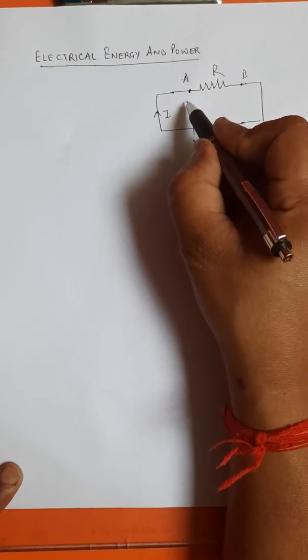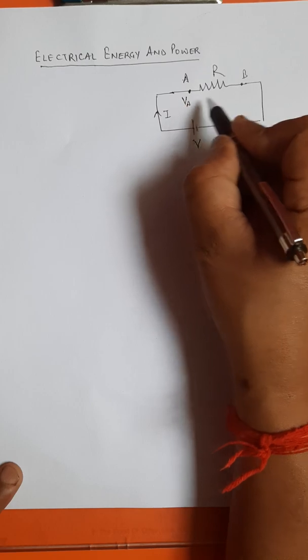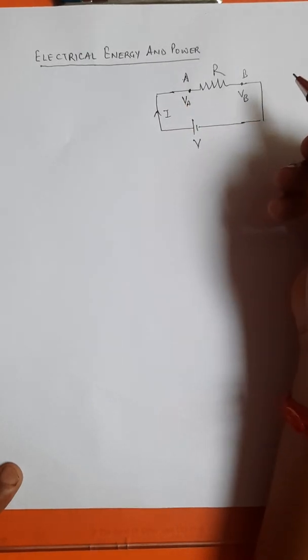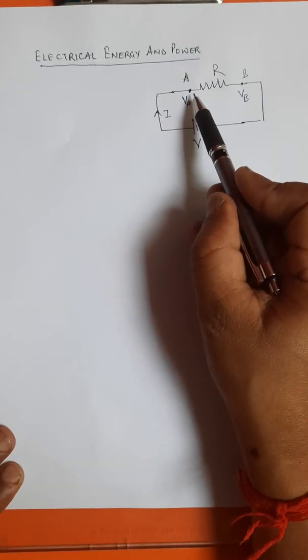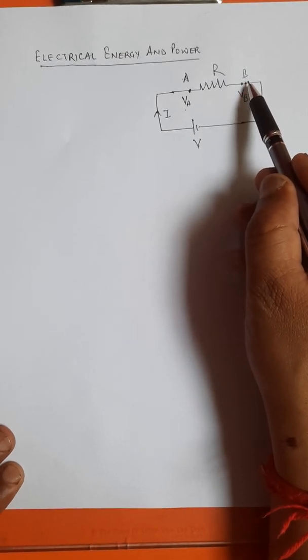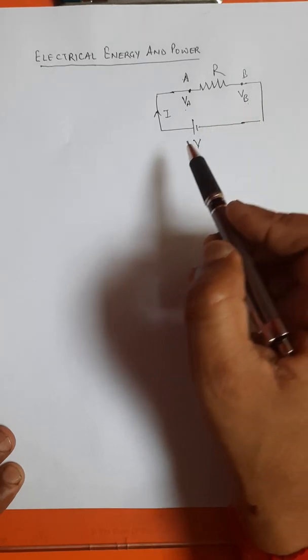Let the electric potential at point A be VA and the electric potential at point B be VB.